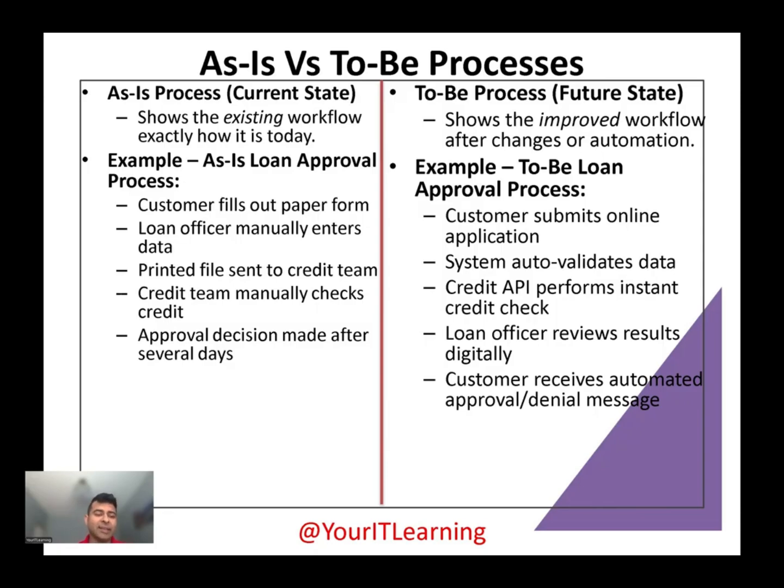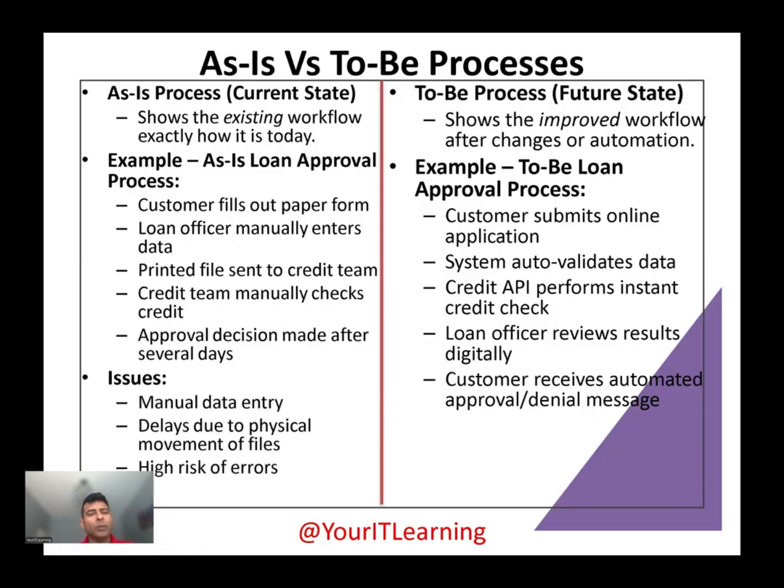So currently in this example, in as-is, we are taking so much time. There's manual work, manual entry, and we have to fill out a paper form, but in the to-be process we have made it more digital. What were the issues with the as-is process? Manual data entry, delays due to physical movement of files, and a high risk of errors because people are manually entering the data.